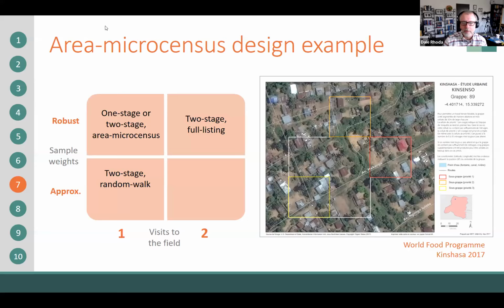In vaccination coverage surveys, we're sometimes trying to oversample families that have children in a very narrow age window, and so we might increase the number of households that we're going to visit so that we can yield productive conversations with those types of families.